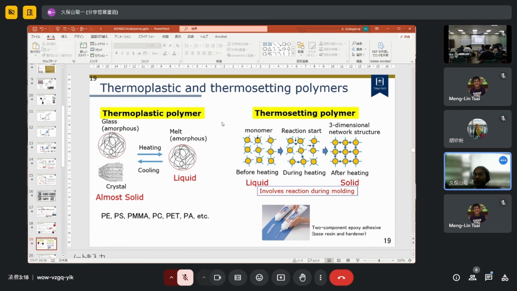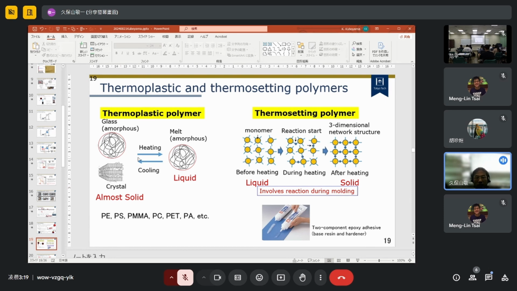But when you mold the sample, you can also classify the polymer as thermoplastic or thermosetting. So let's start from the thermoplastic polymer. In the case of thermoplastic polymer, at lower temperature, the sample can form the amorphous structure or the crystal structure.